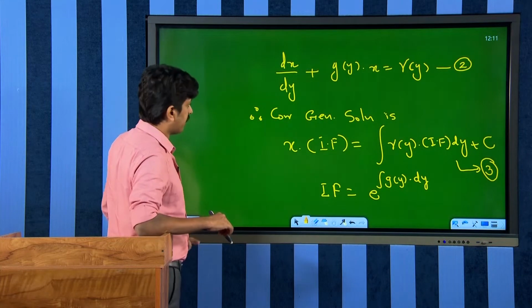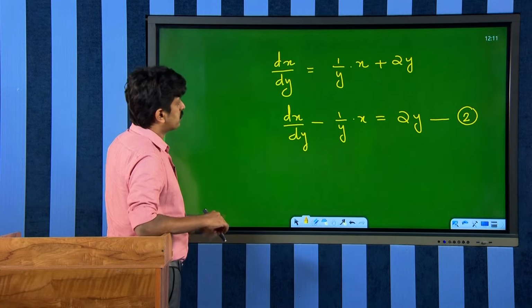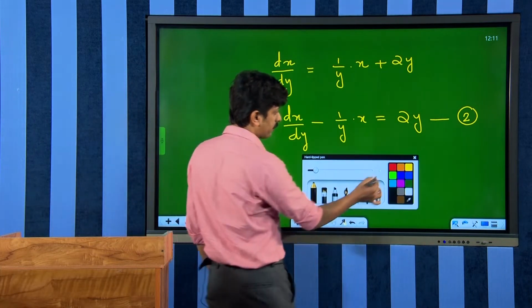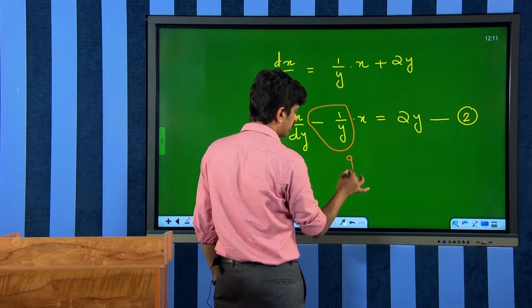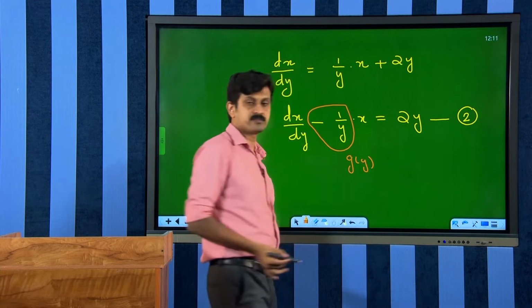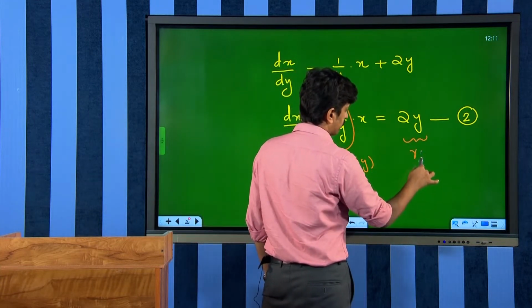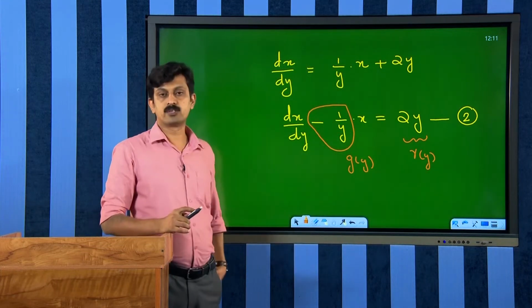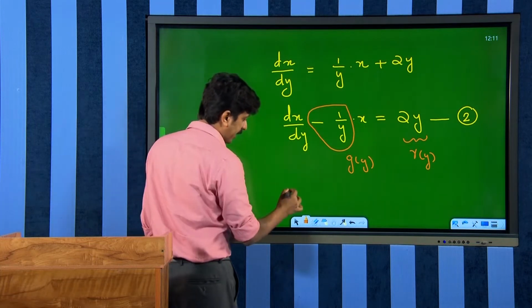Here we have dx by dy, and this is the g of y, and here we have this is the r of y. Now we need to find the integrating factor.